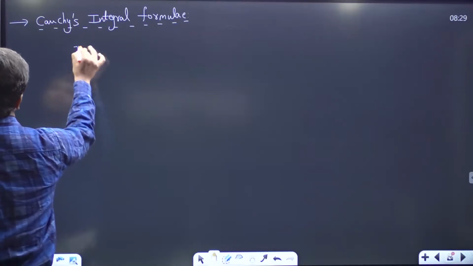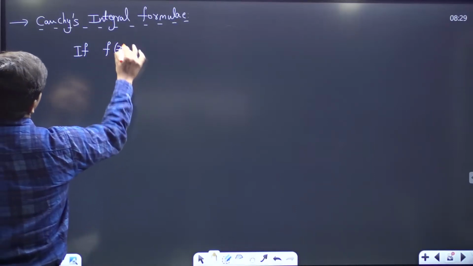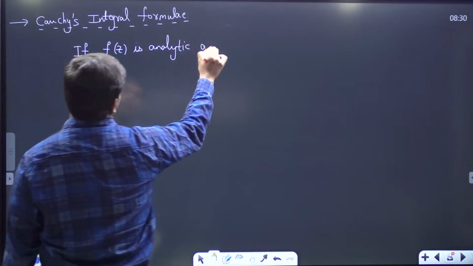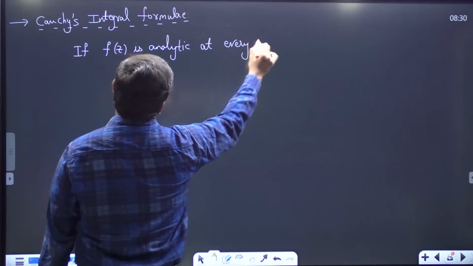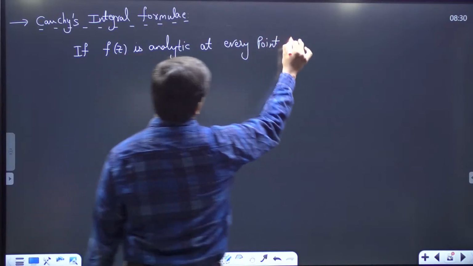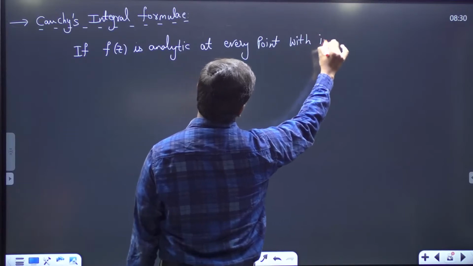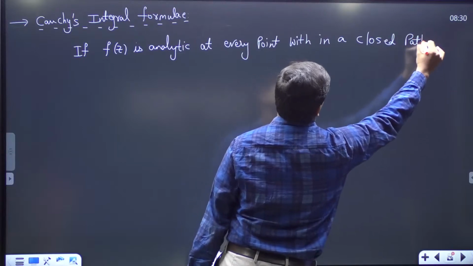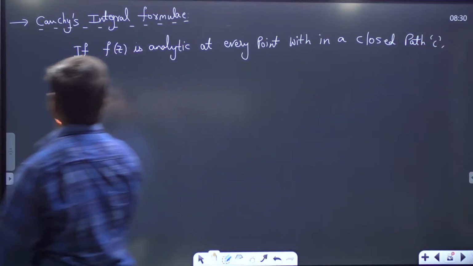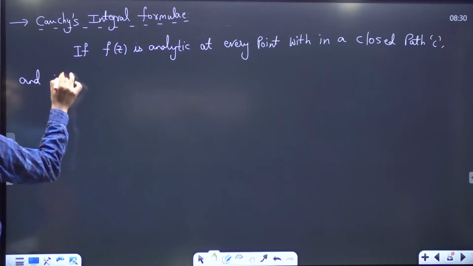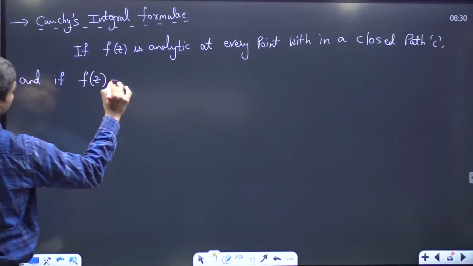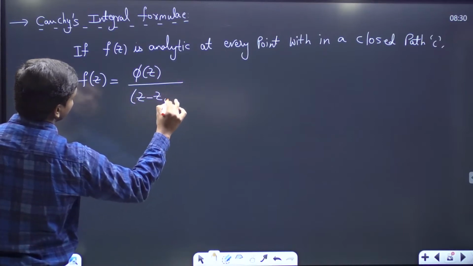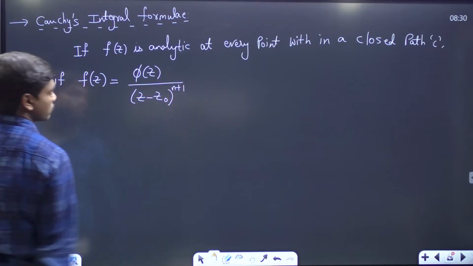So let us see. If f of z is analytic at every point within a closed path C, and if f of z is equal to phi of z divided by z minus z naught whole power n plus 1.